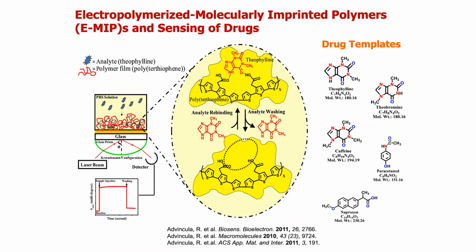So we first demonstrated this with a variety of drugs: naproxen, theophylline, theobromine, paracetamol, caffeine. As you can see here, the similarity between the theophylline, theobromine, and caffeine really shows the high selectivity when you build in the chemistry to produce that lock, quote unquote, from the key template.